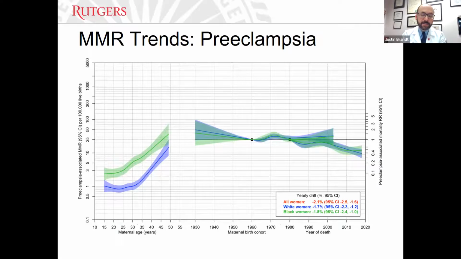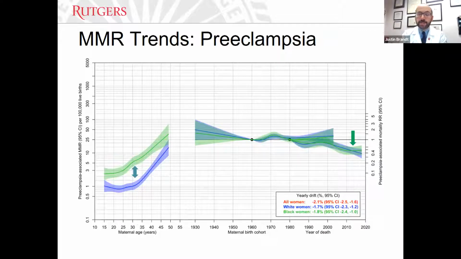And looking on the left, we see, again, strong age effects for preeclampsia-associated maternal mortality, where the risk of dying from preeclampsia increases significantly with age. And we see a real significant disparity between Black and white women here.